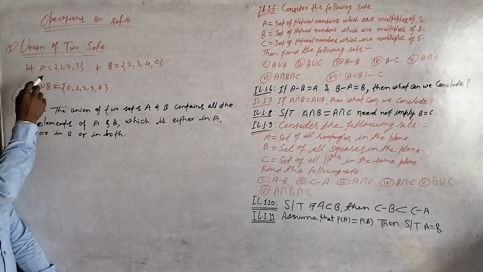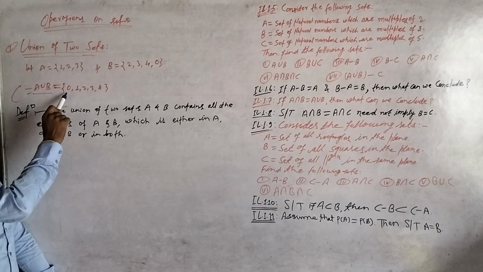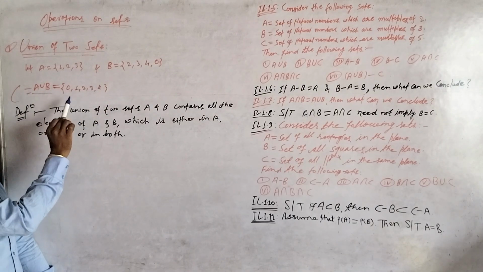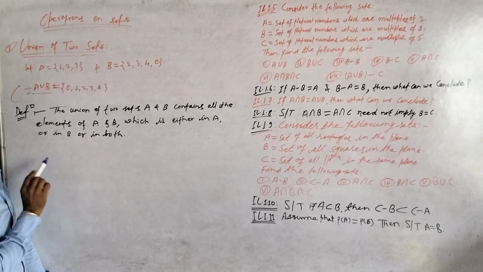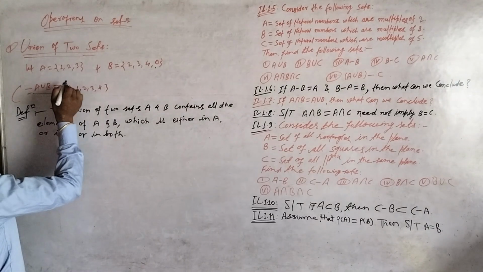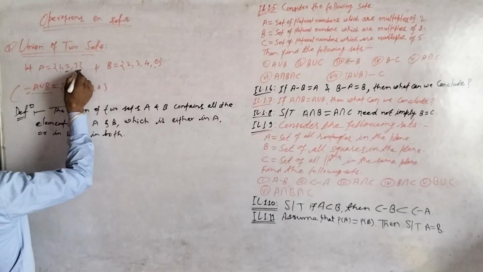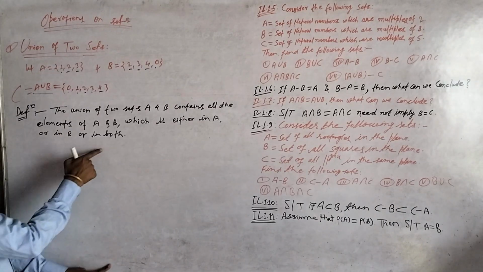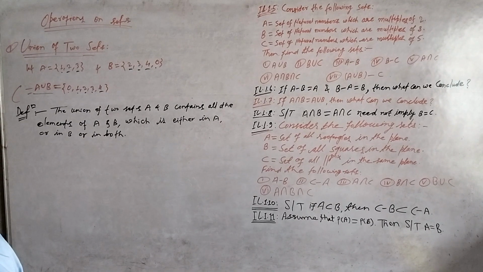Here we understand through examples. The union set contains all those elements of A and B which belong to A or B or both. Here we see 0 is in B, 1 is in A, 2 and 3 are in both, and 4 is in B. Okay, this is our definition. Is it clear through the examples? We can also see another example.